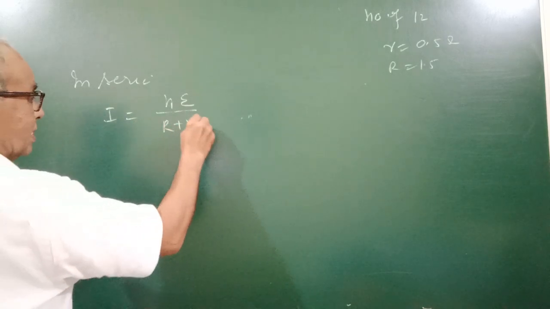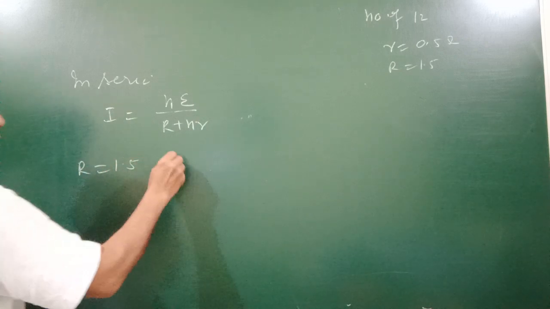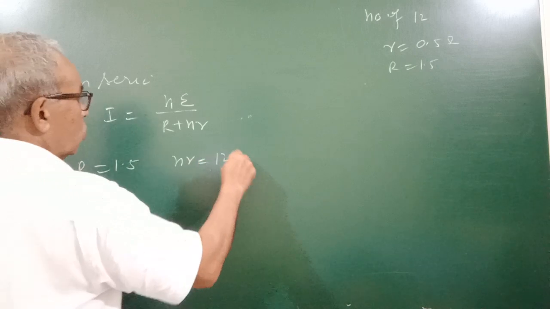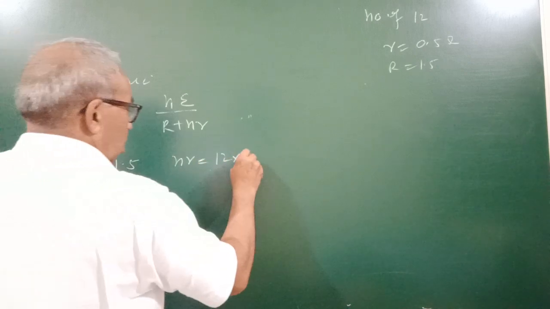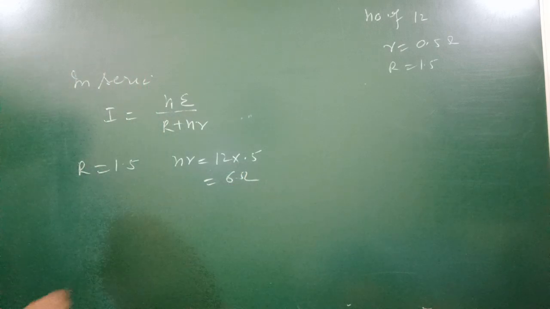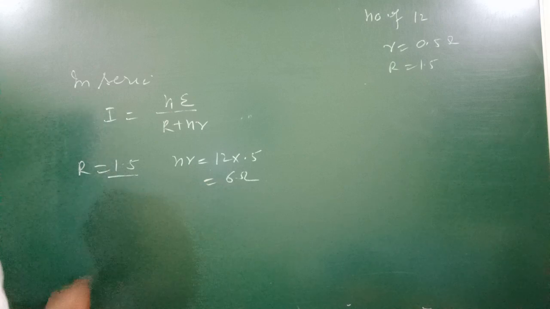R is our 1.5 ohm and NR will be 12 into 0.5, 6 ohm. So this R is not much larger than this.